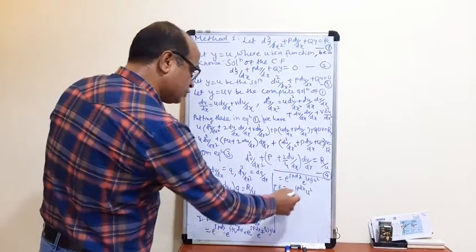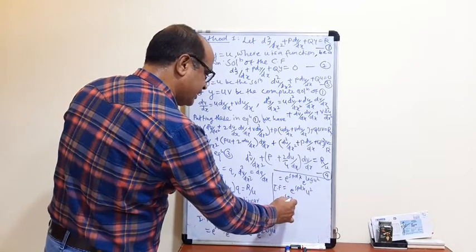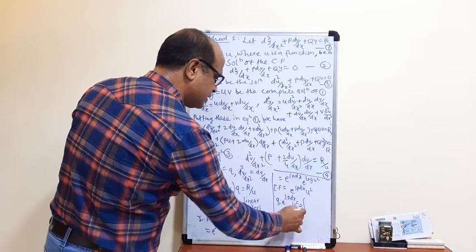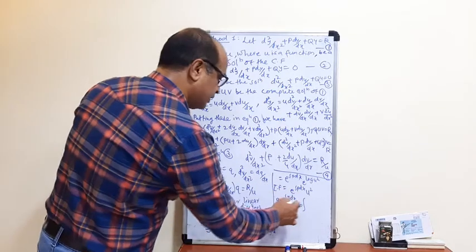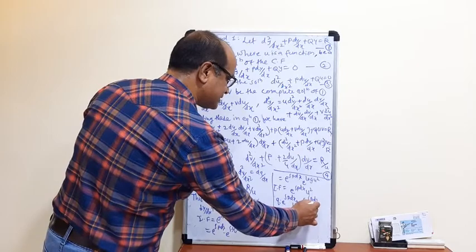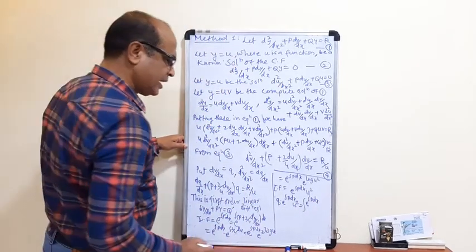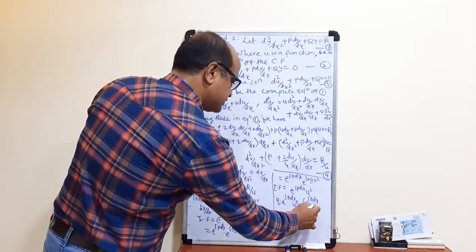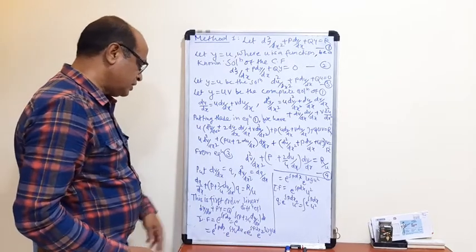So the integrating factor is e raised to the integration of p dx, u square, which is equal to the integration of the integrating factor, u square as it is, into Q dash.